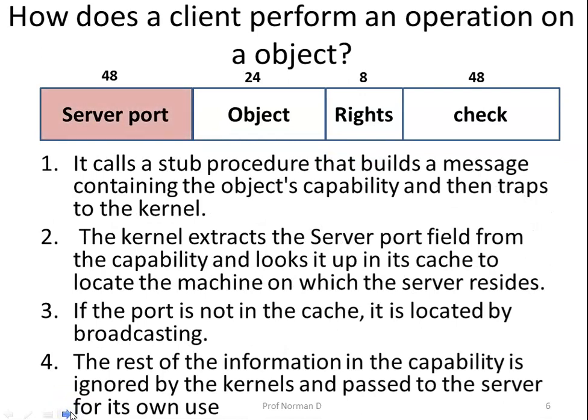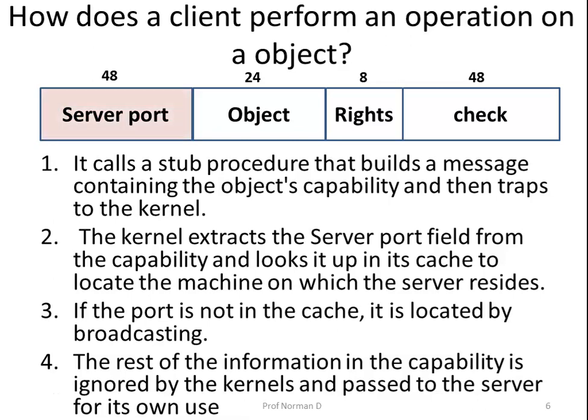Now, how does a client perform an operation on an object? When a client wants to perform an operation on an object, it calls a stub procedure that will build a message containing the object's capability, and after this it will trap to the kernel. Now, the kernel extracts the server port field from the capability and looks it up in its cache to locate the machine on which the server resides.